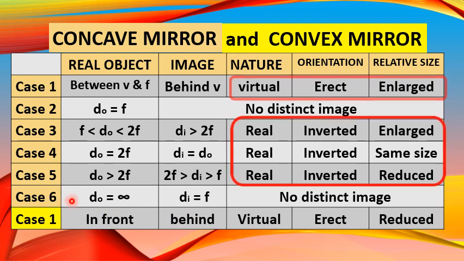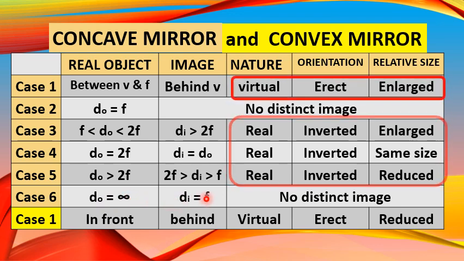And in the case of the object located at an infinite distance, such as, for example, the sun, the sun's location may be considered infinite with respect to the earth.